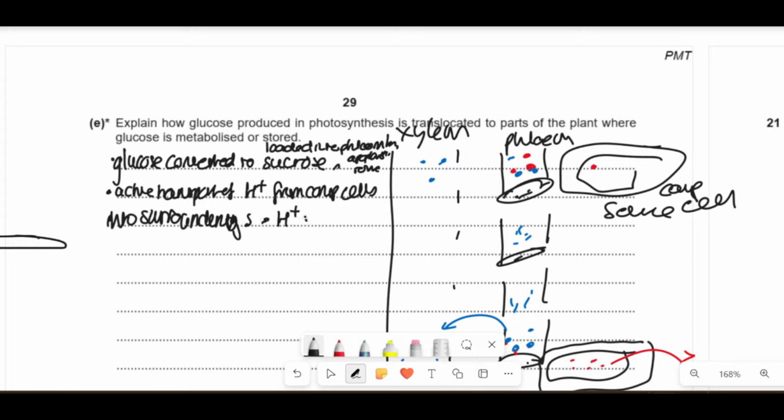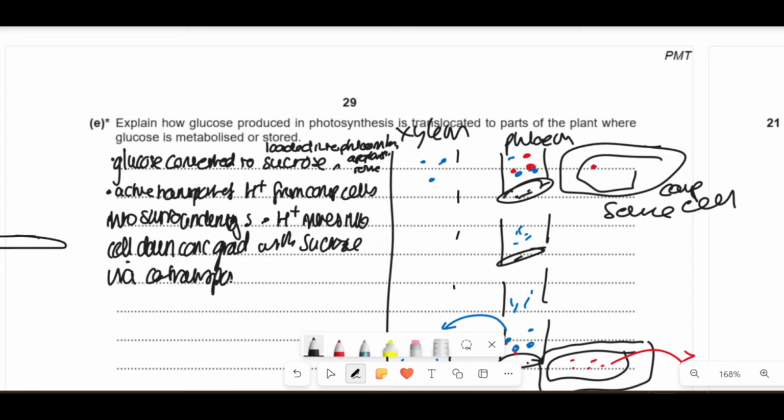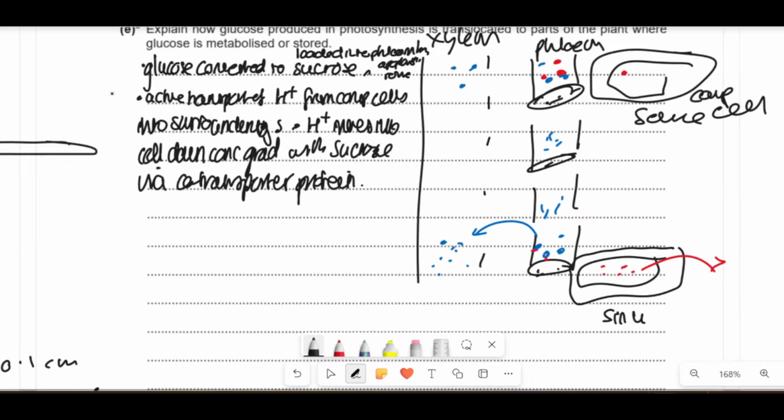Then H plus moves into cell again, down the concentration gradient with sucrose via a co-transporter protein. I should add that requires ATP as well because it's active transport, remember.